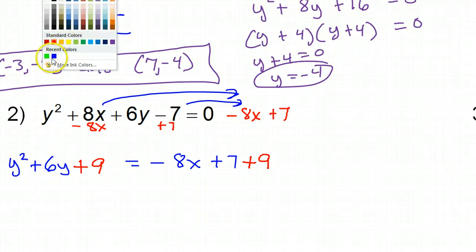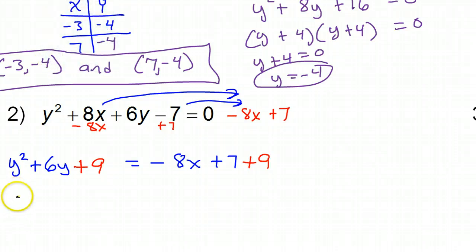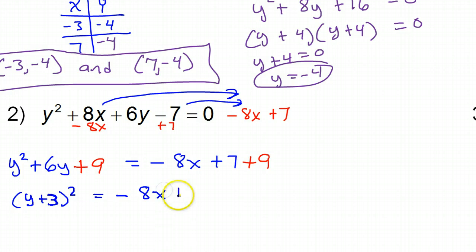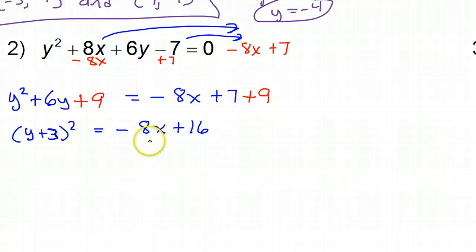So that is going to give us, because we can factor this now, y plus 3 squared equals, and so far I've got negative 8x plus 16, combining these. We need the parentheses over here as well for standard form.